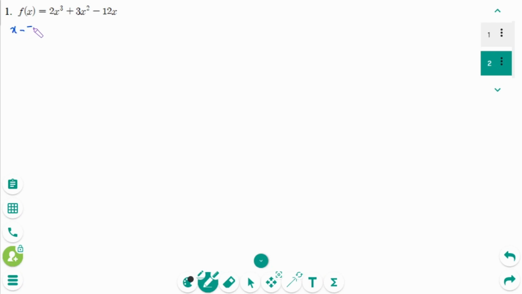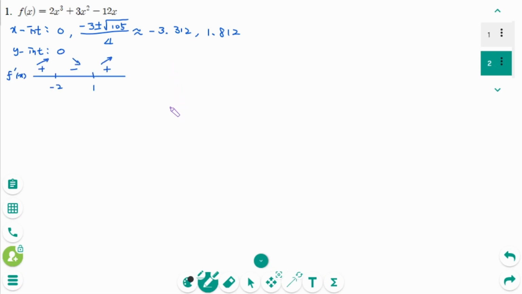Now we know x-intercepts are 0 and minus 3 plus minus square root of 105 over 4. These are rounded to minus 3.312, 1.812. Y-intercept is 0.